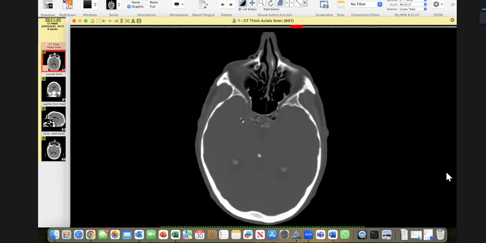Another mechanism is retrograde gas into the head and neck. So what happens is that, for example, if there is a brachiocephalic vein stenosis, sometimes there is coughing by the patient, and this was the relevant history in this particular case.